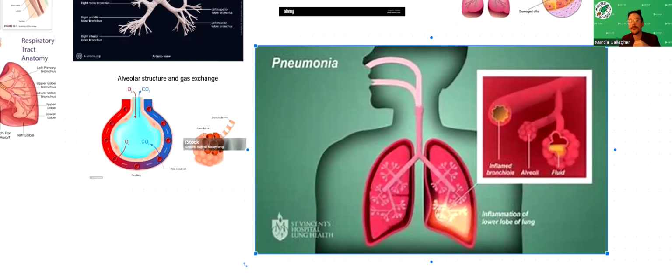And you also have that fluid filling up within the alveoli themselves. So you have that physical obstruction to gas exchange happening. Okay. So those alveoli that are affected, that are filled in with fluid, are not exchanging oxygen very well. This is treated with antibiotics and sometimes with oxygen and other things.